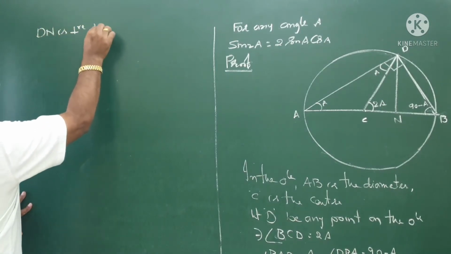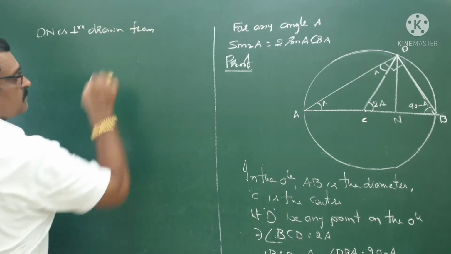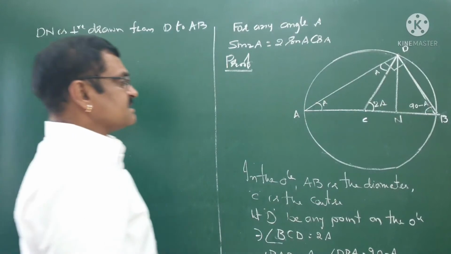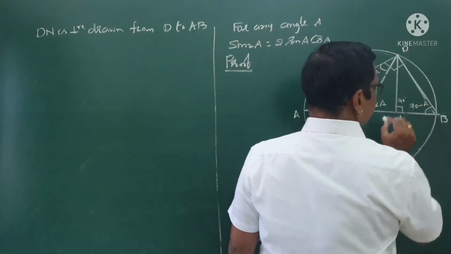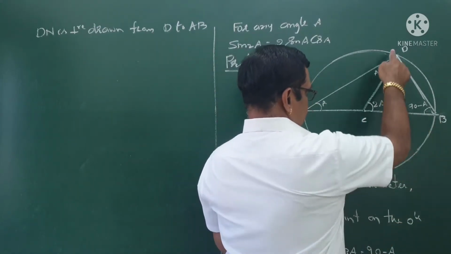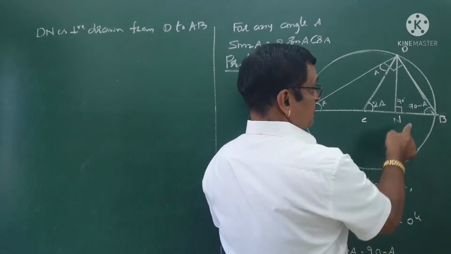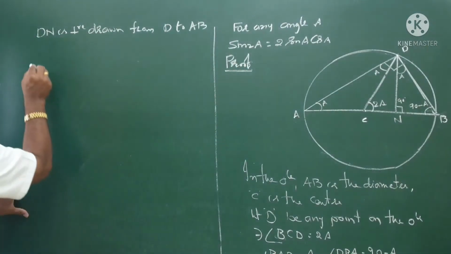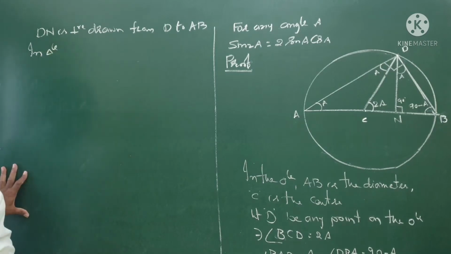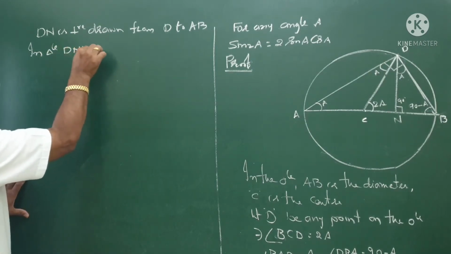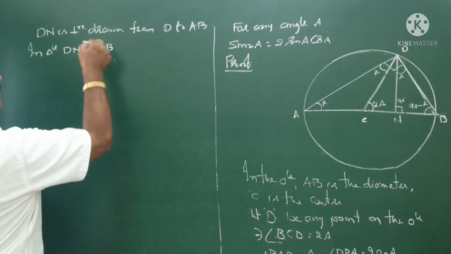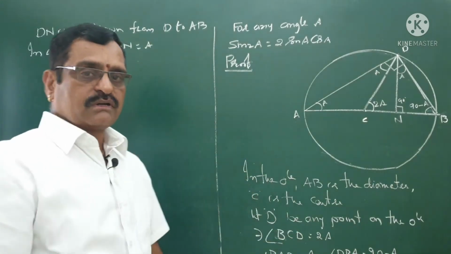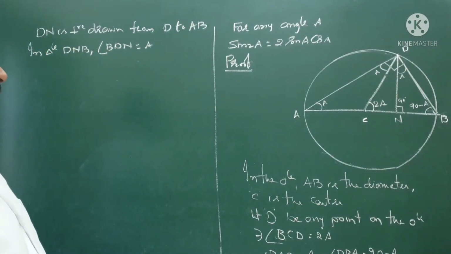Since this is 90 degrees, if you consider the right angle triangle BND, this angle is 90 minus A, therefore this angle is equal to A. So in triangle DNB, angle BDN is equal to A. So the construction part is over. Now I consider the triangle first.